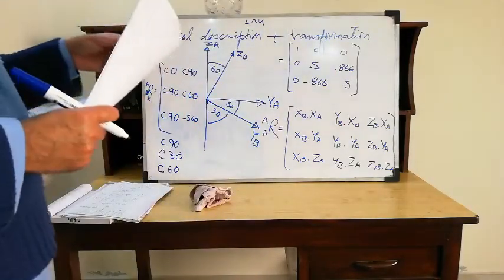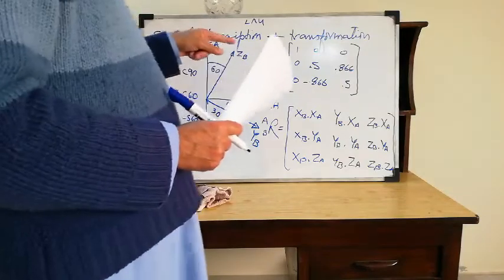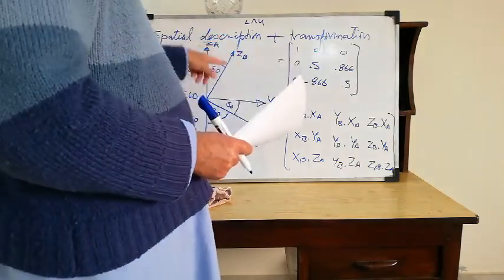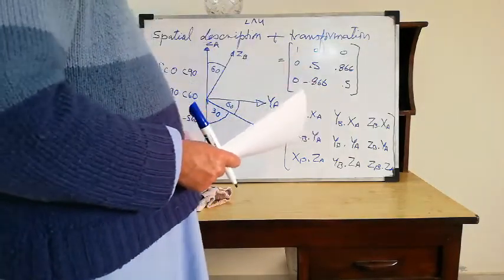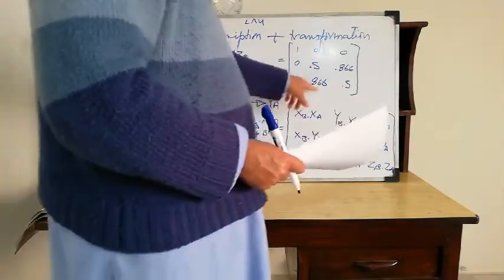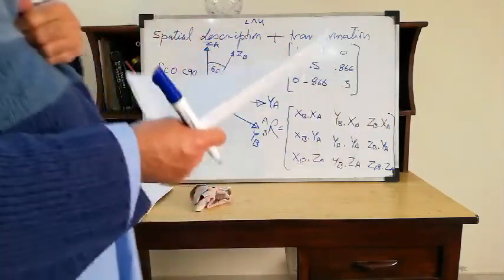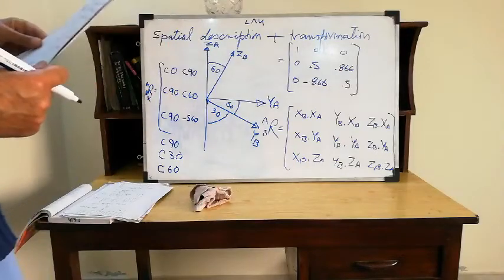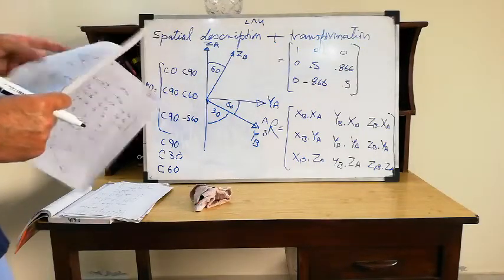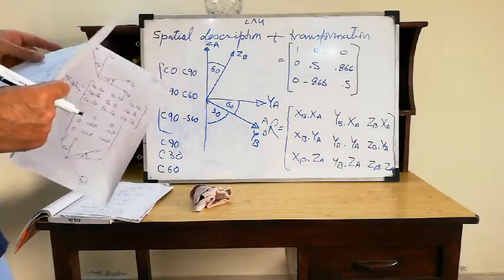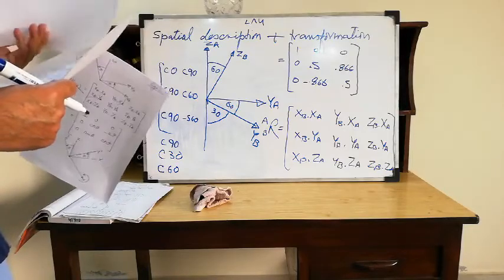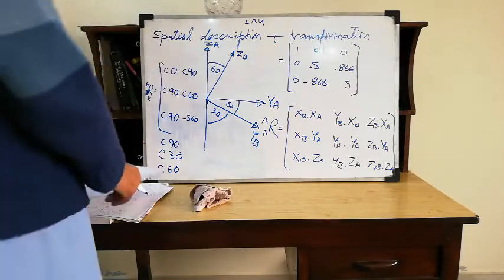So that's what I wanted you to understand. When the rotation is clockwise, you will get the negative sign here and the positive sign here.